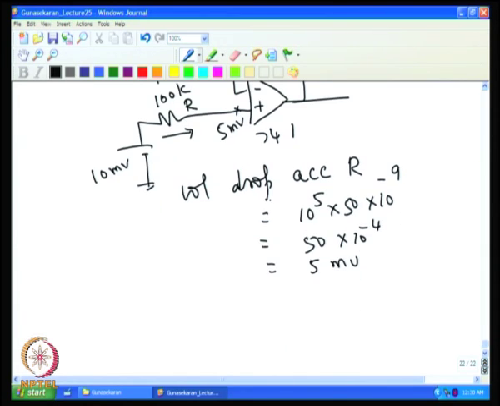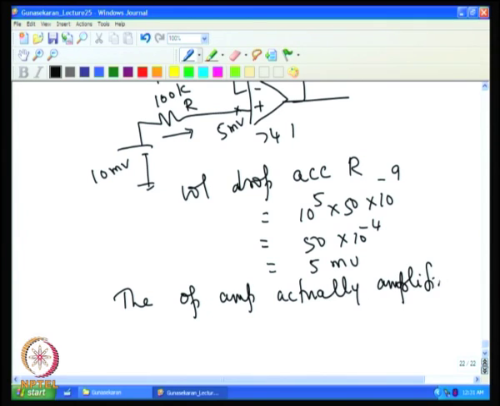So, the operational amplifier, the op amp, actually amplifies only 5 millivolt and not 10 millivolt. Now, that means the plus terminal bias current also introduces an error, and this error also can be large if the source resistance is high.